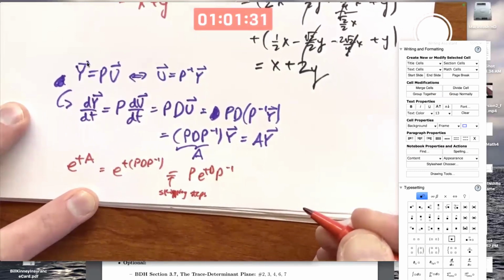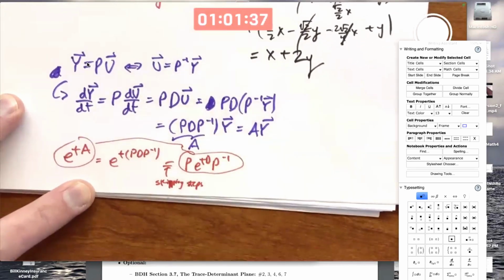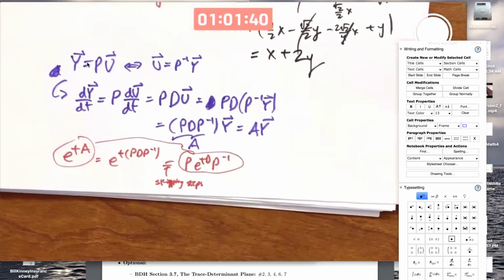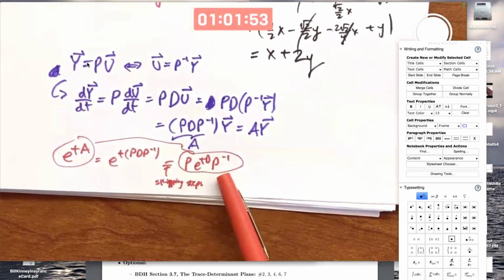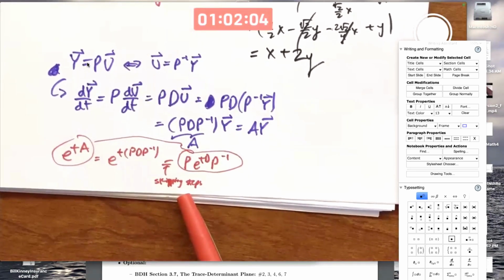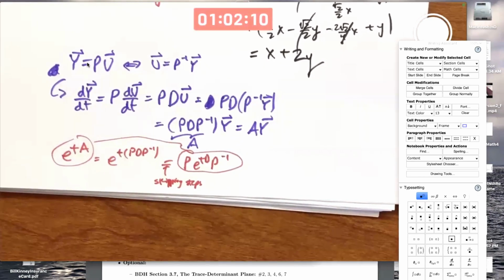And that is a good thing. If we wanted to figure out the solution of the original system using the matrix exponential and the beautiful generalization, we could do it without technology, because e to the tD is easy to find. P and P inverse are, well, the numbers are not so nice, but they can be found pretty easily, and you can do this matrix multiplication pretty easily. So this could help us solve the original system, write down the formula for the solution, and I think on the homework I have you do that.